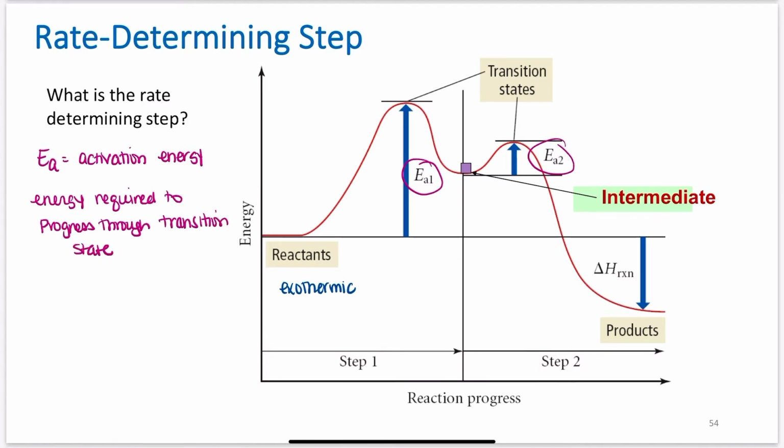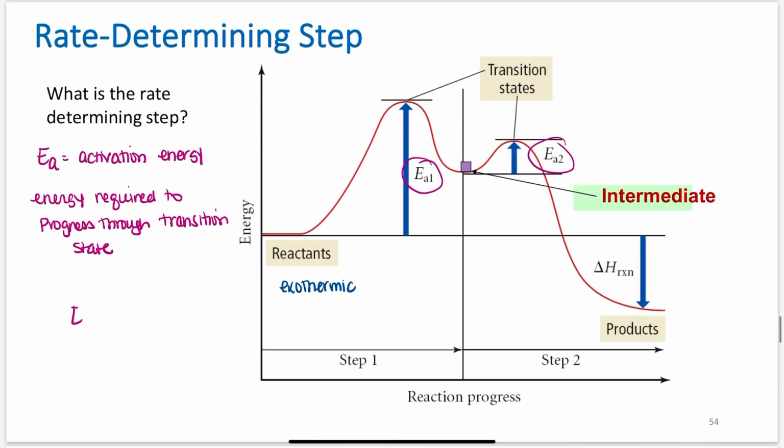How do I know which one's my rate determining step? In this one, it's EA1. I see the transition state is higher for my first activation energy than my second.